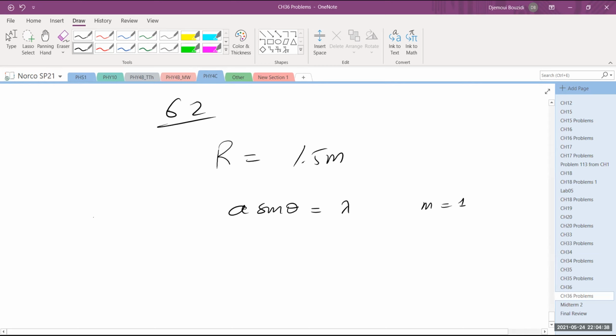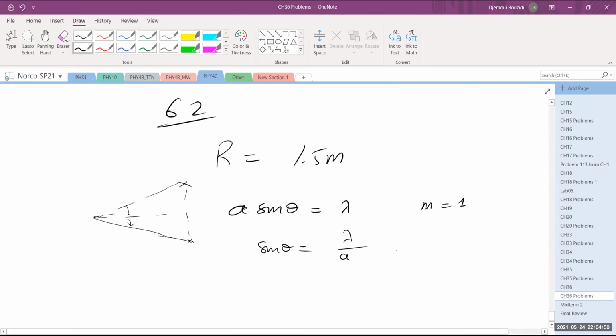So in this case, here is the thing. This is the angle theta that we're talking about, and this is the same angle theta. So if A is small, clearly sine theta is inversely proportional to A. So if A is small, the angle becomes big.